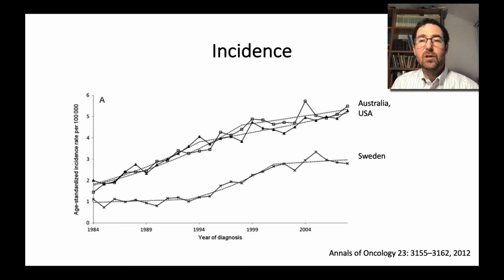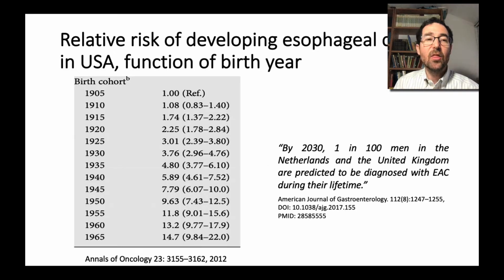Looking at incidence, this graph just covers a 20-year period from 1984 to 2004, looking at various countries in the West, and you can see the incidence has very quickly increased. This is another way of looking at those same numbers, but this time over a 60-year period, looking at people who were born in 1905 or people who were born in 1965, and the lifetime risk relative to those people who were born in 1905.